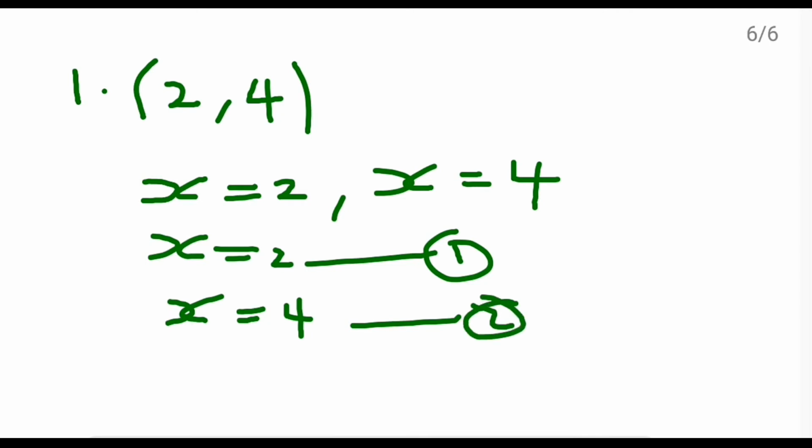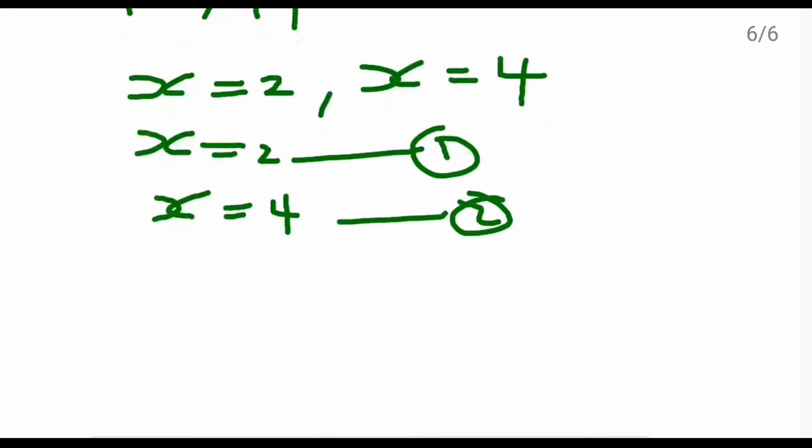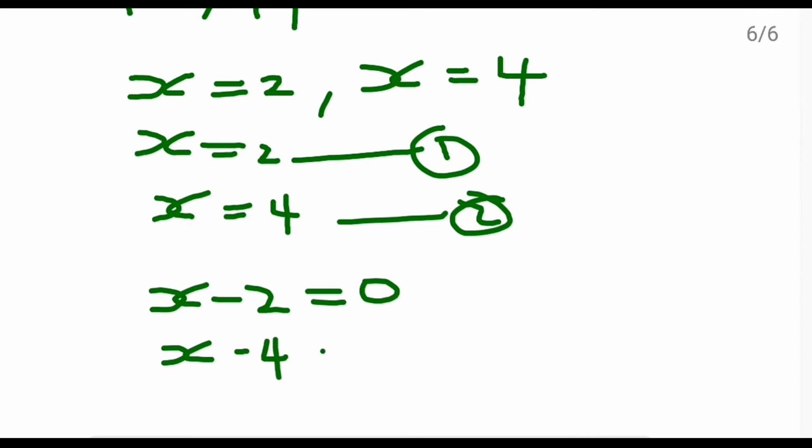So we bring the constants from the right to the left, and that gives us, for equation 1, x minus 2 equals 0, then equation 2 is x minus 4 equals 0. You can even call these equation 3 and equation 4.